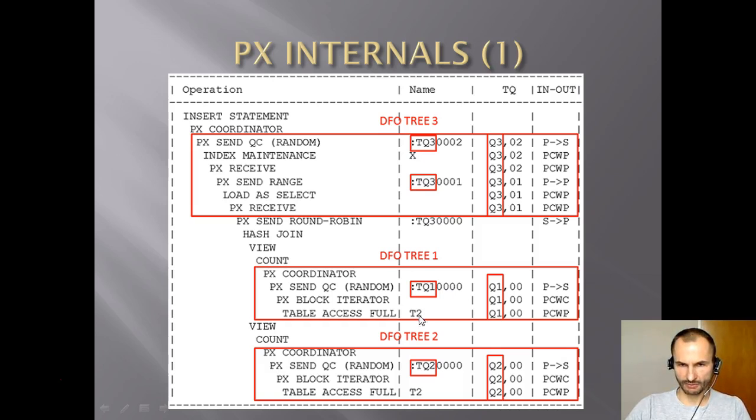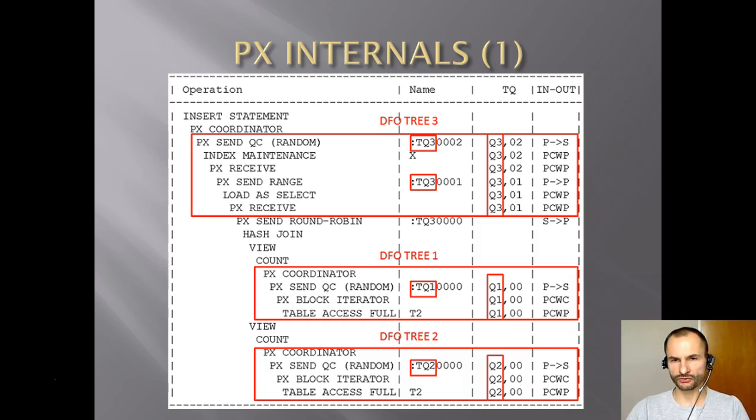But still we might end up here with actually 3 parallel slave sets that might be active at the same time. So that is one important side effect that these multiple DFO trees might have: you actually end up with more parallel slaves allocated than you might expect. So there can be more than 2 sets active at the same time, but this is only possible if you have multiple DFO trees.